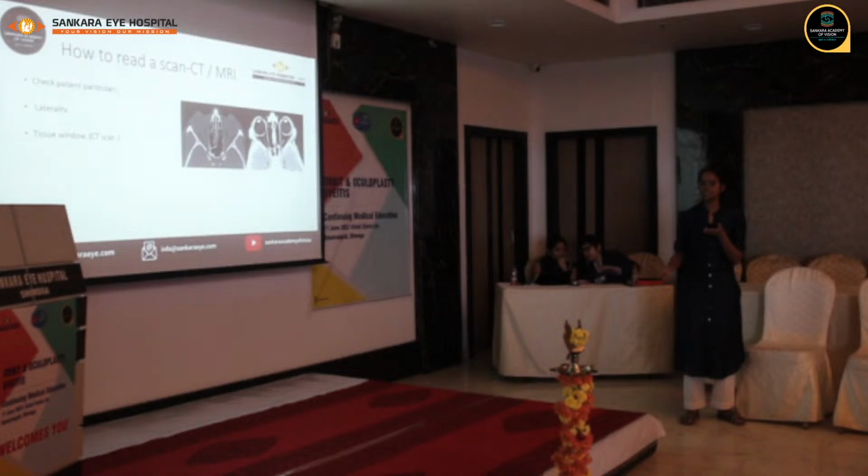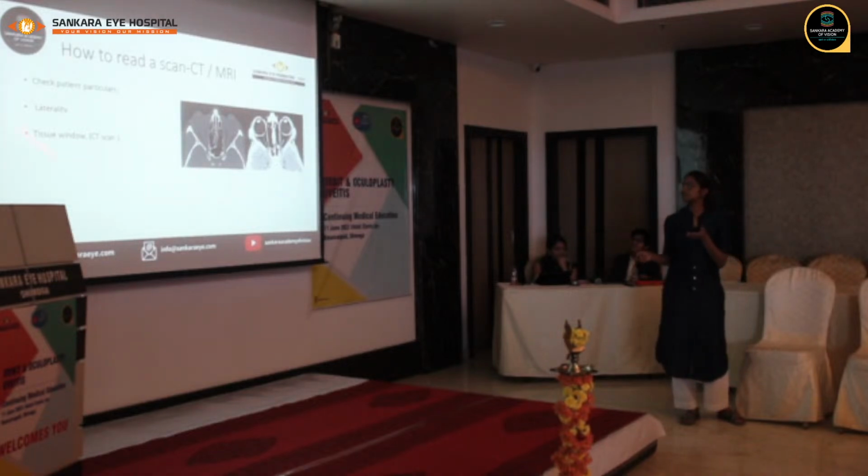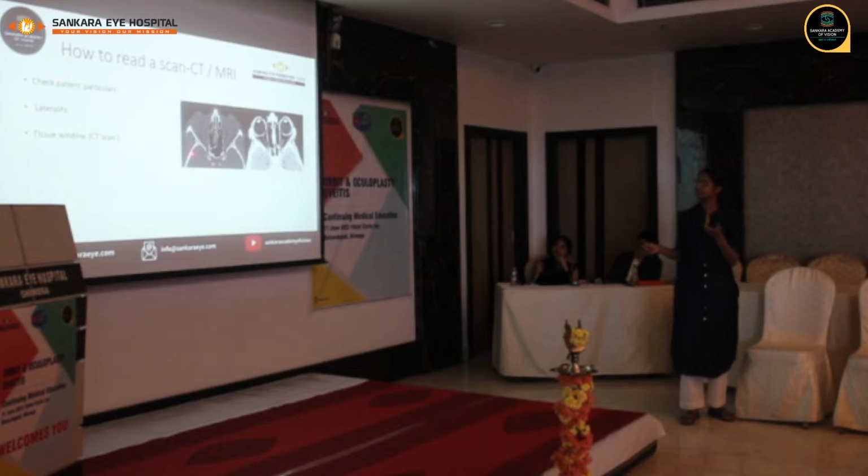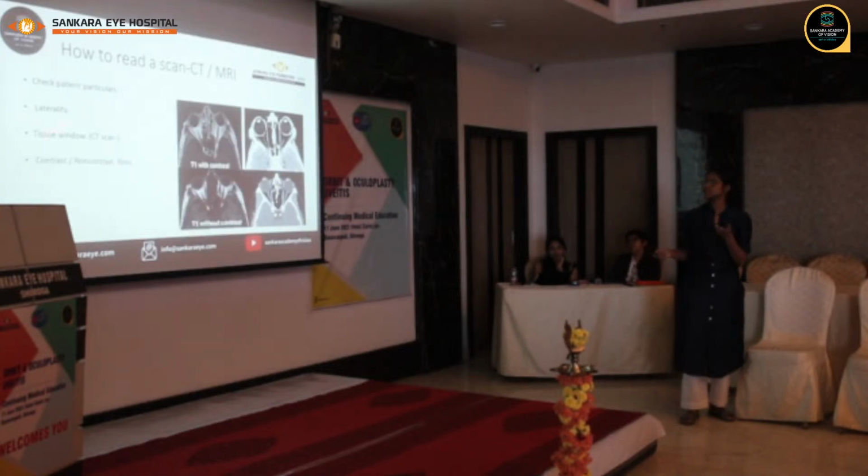Next thing, if it is a CT scan, you should see the window. Here, this is a bone window and this is a soft tissue window. And next you should assess whether it is a contrast or a non-contrast scan. How do you tell it is a contrast? You should see the extraocular muscles and the vascular coat of the bone.